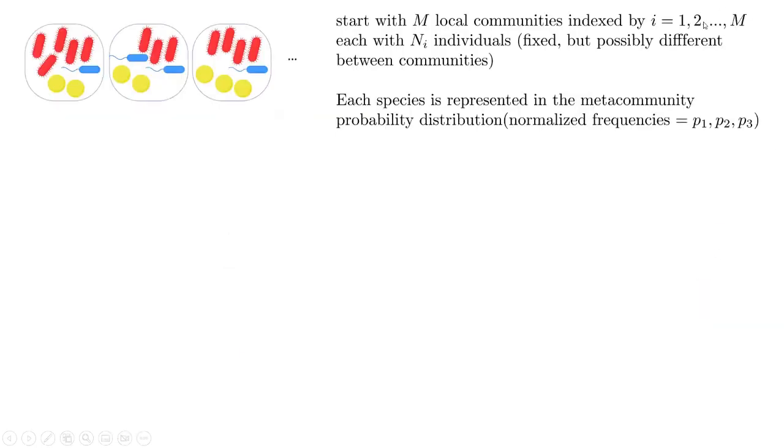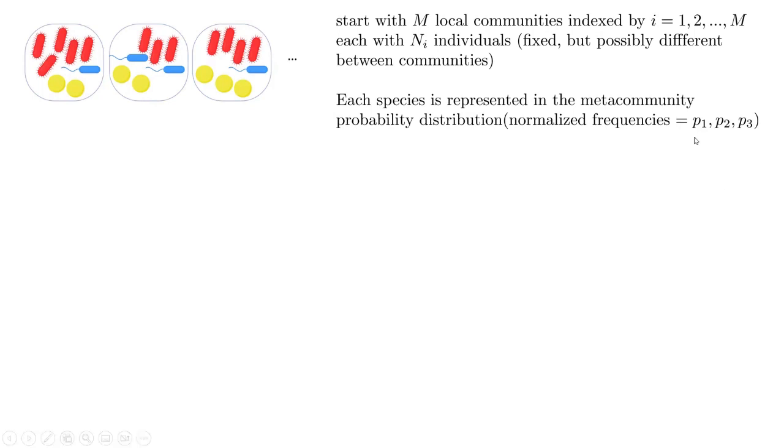And the idea here, I'll explain a bit of Hubbell's model. The general assumption is just that species are ecologically equivalent. You can think of several models that satisfy this assumption.